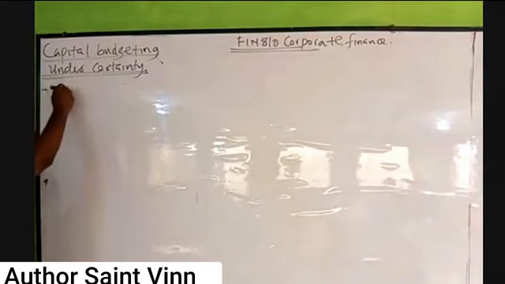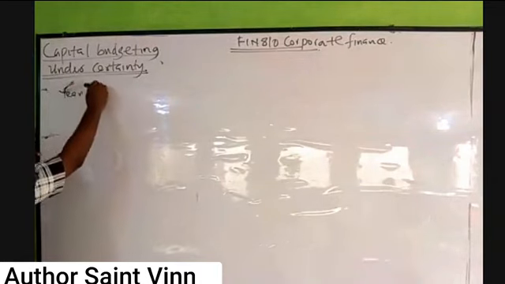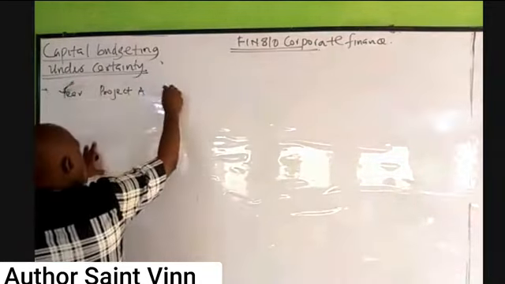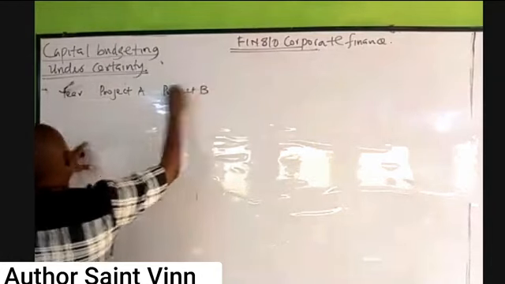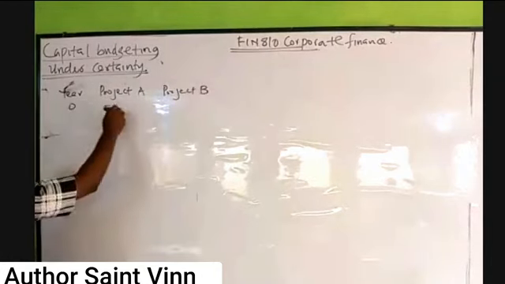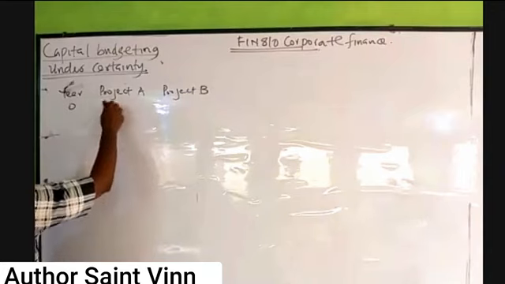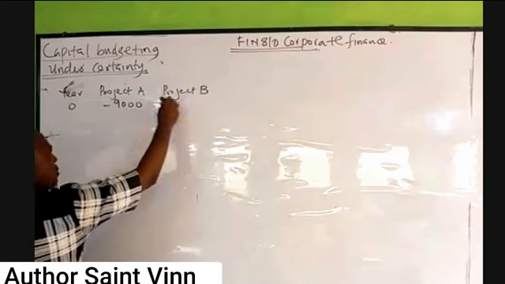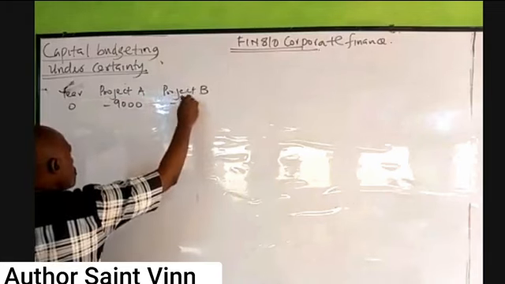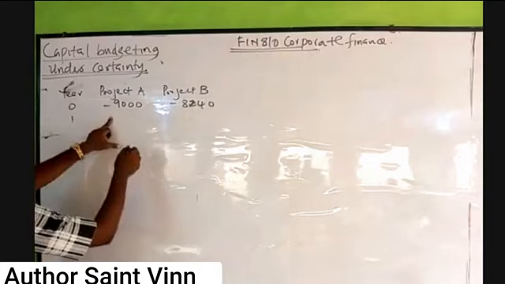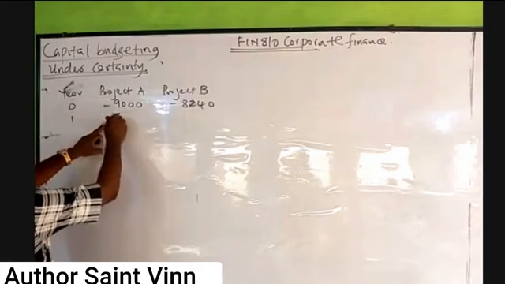According to the question, we have project A, and here comes project B. So year 0, minus what? Is this 5,000? Okay. Either a full minus or a bracket. Year 1, 3,5.